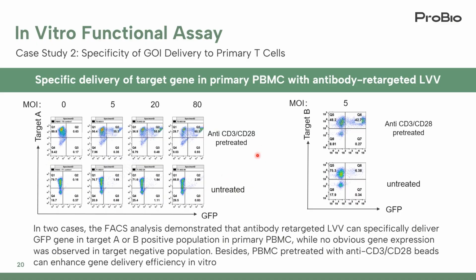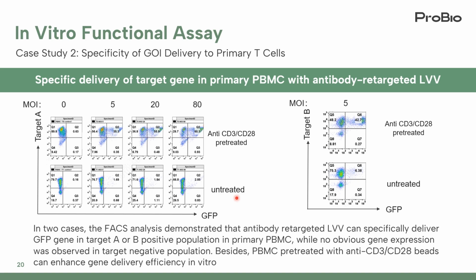In addition, there is one more parameter in these case studies: the pre-treatment of the PBMC with anti-CD3, CD28 beads. Unlike the top panel, untreated PBMC showed a minimal amount of GFP positive cells, suggesting lower gene delivery efficiencies.